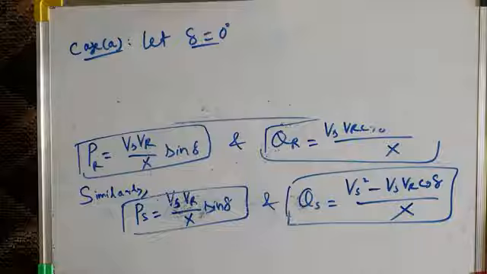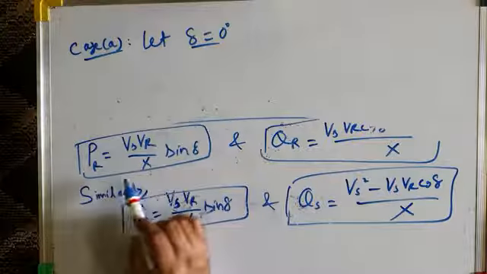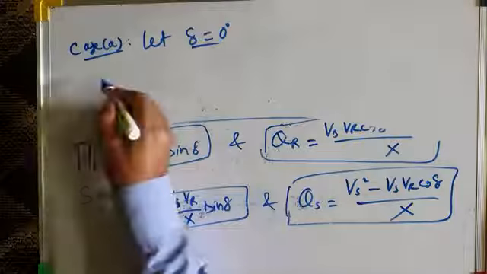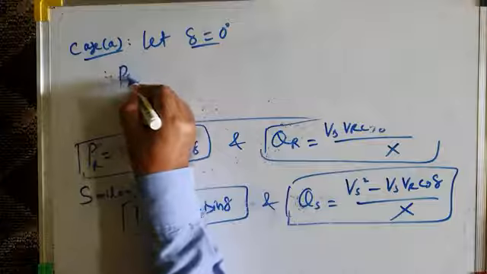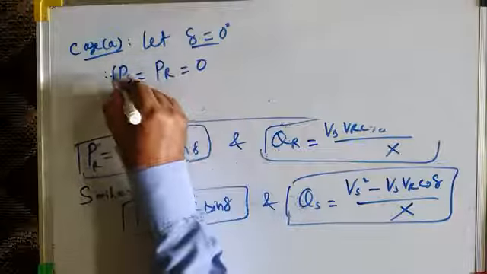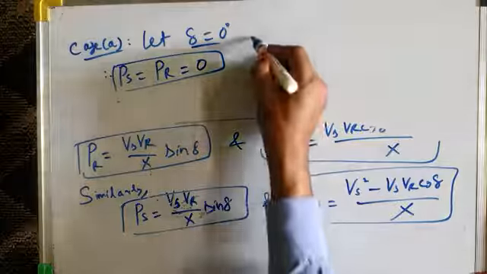Transmission angle or power angle is 0. Then there will be no active power transmission at the receiving end. There will be no active power transmission at the sending end. So therefore, sending end active power will be equal to receiving end active power, and it will be equal to 0. Absolutely 0.